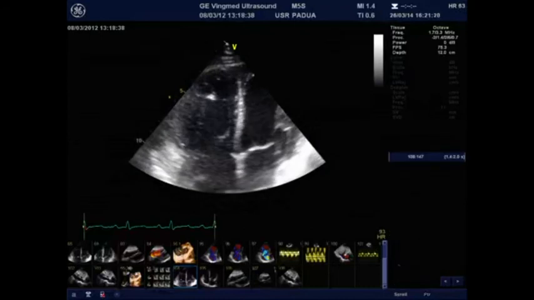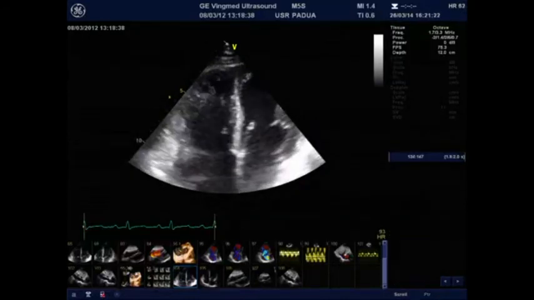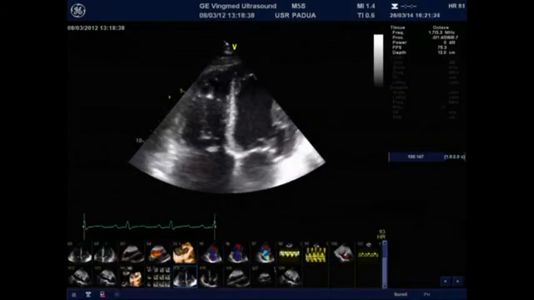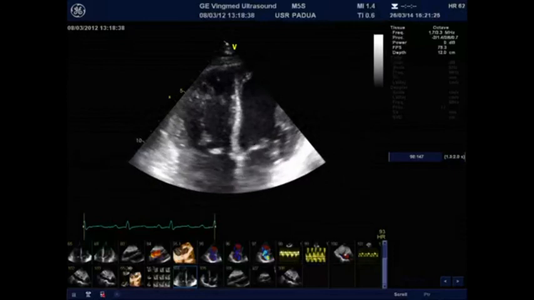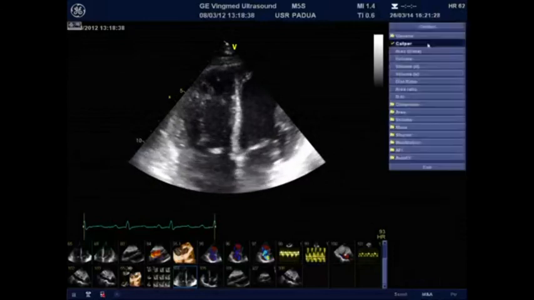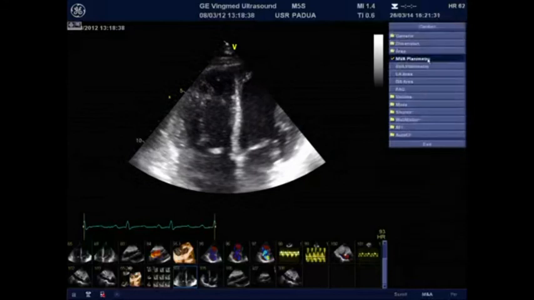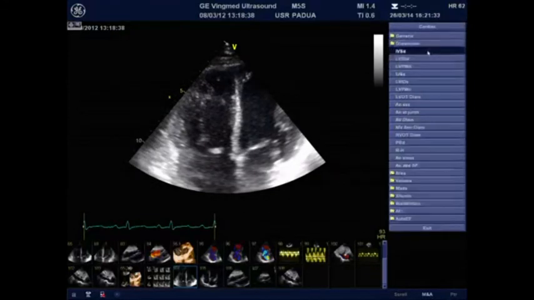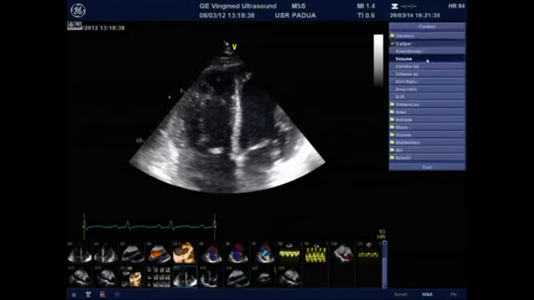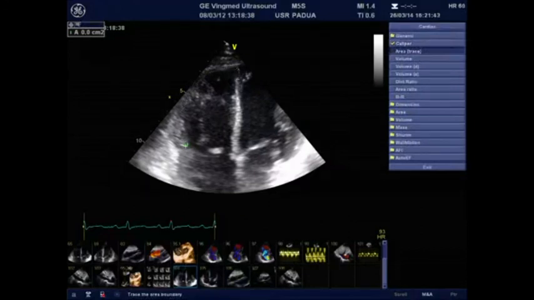Then you will need to stop the image in diastole, and then with the measure you can select the areas, and you can measure the area in end diastole and then in end systole, and accordingly you will be able to compute the fractional area change.